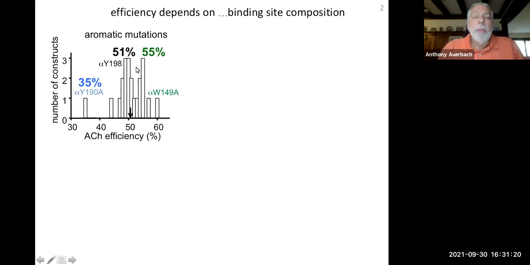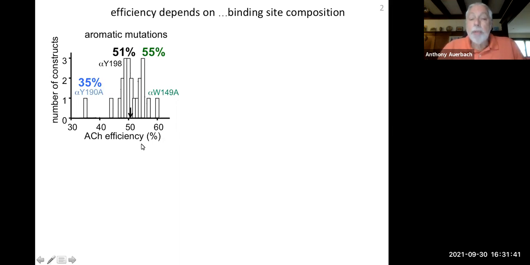Most of the aromatic mutations didn't do anything. This is ACh efficiency, which started at 51, and we end up at 51. But some of them increased the efficiency, mostly those at 149, increased the efficiency to 55%, and one of them, 190A, decreased the efficiency to 35%.